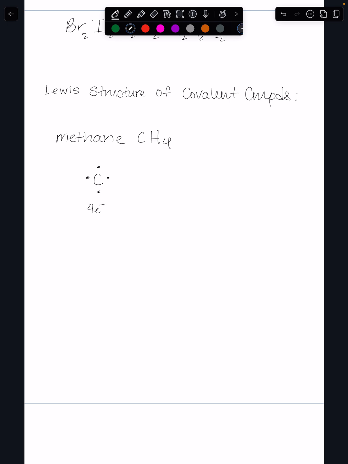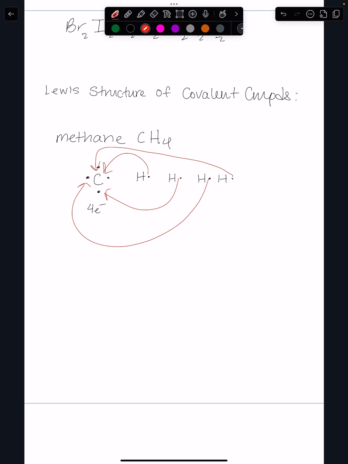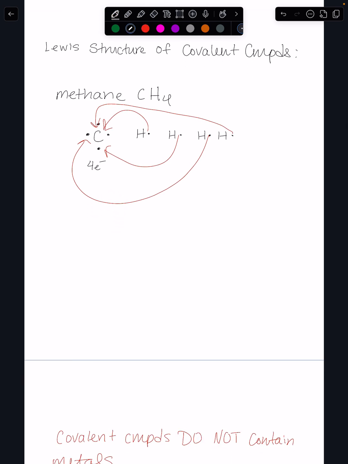And then you have 4 hydrogens, and each of those hydrogens has 1 single electron. So the way that those are going to covalently come together is that each of these hydrogens is going to share its electron with carbon, and carbon is going to share those 4 electrons between each hydrogen, and they're all going to be happy and perceive that they have an octet, so 8 electrons.